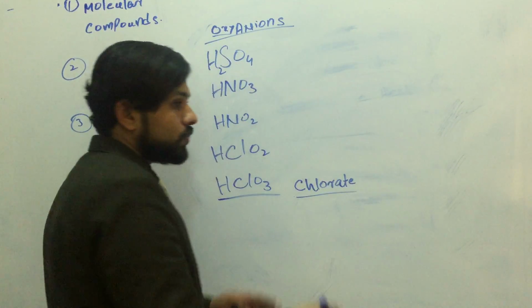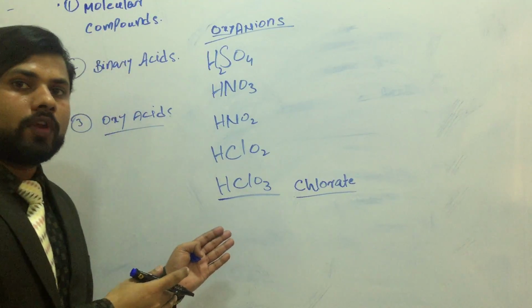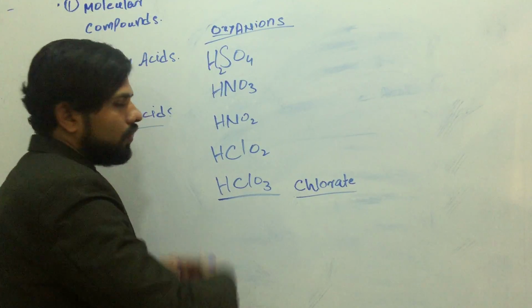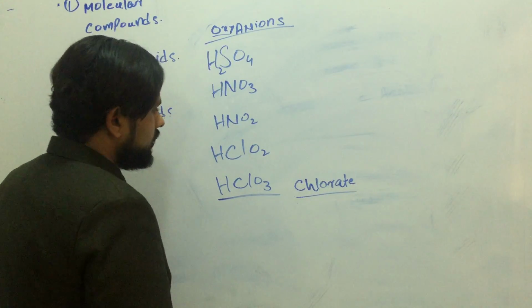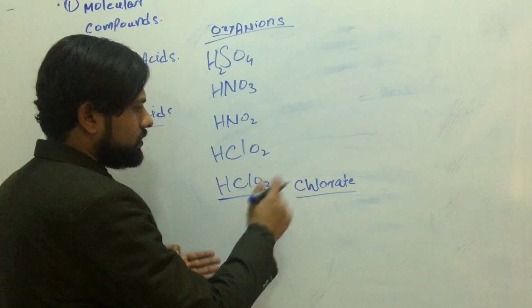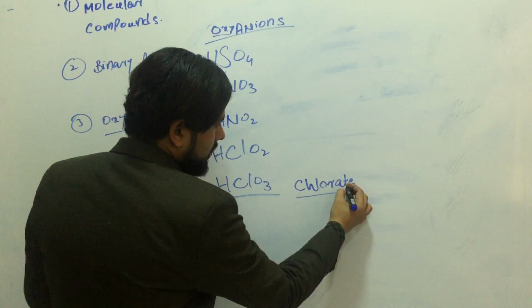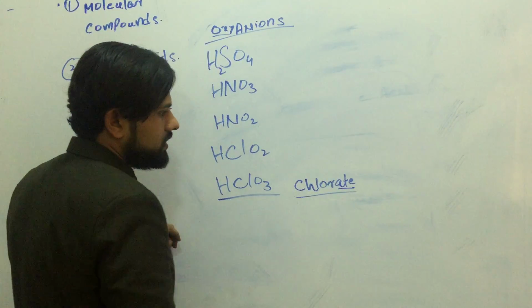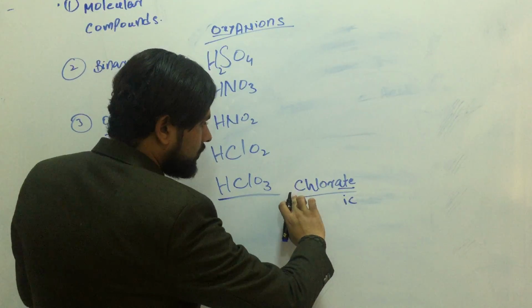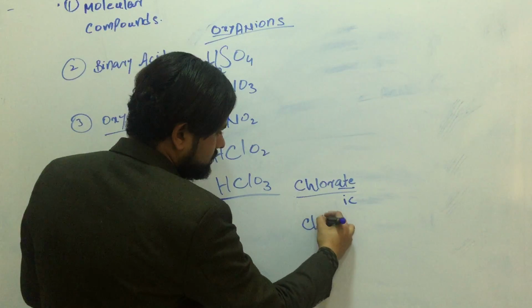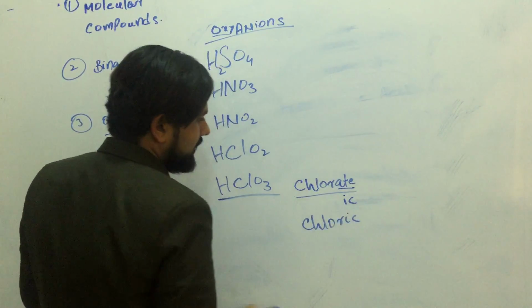If you don't know how to name it, then you have to watch my video number 5. There I mentioned all the oxyanions. Okay, so the rule is very simple. You have to just eliminate the suffix ate and replace it by ic. So that's going to be chloric acid.